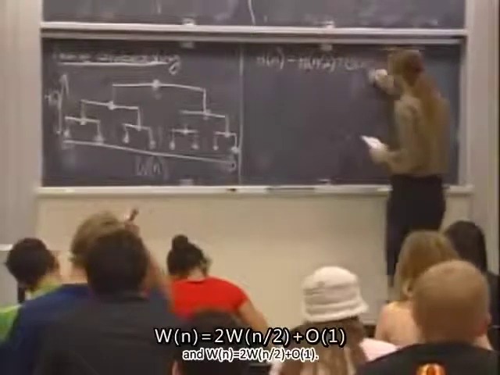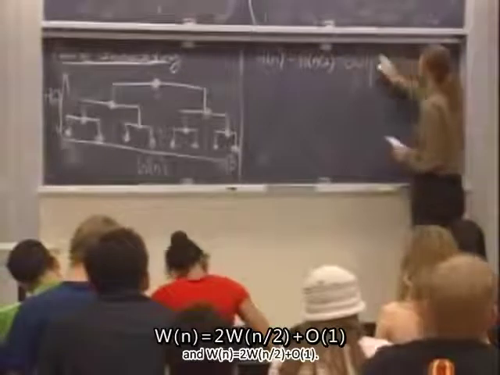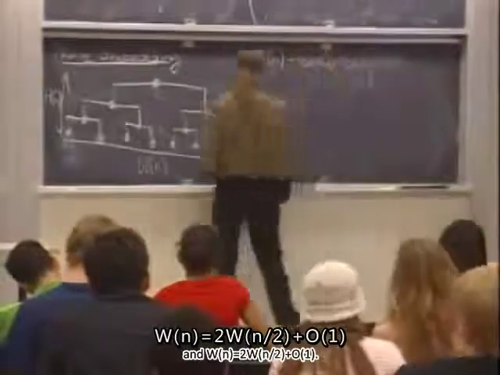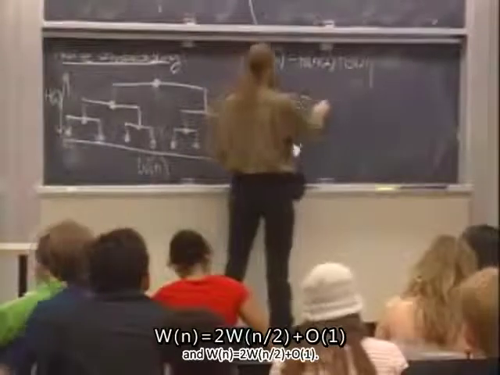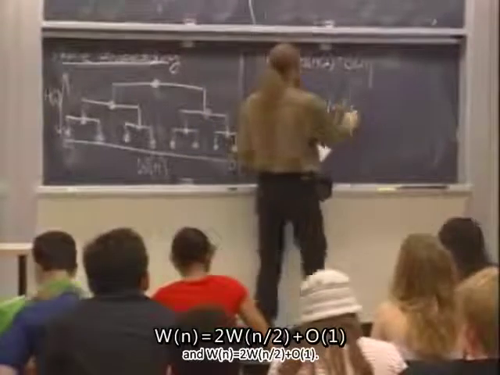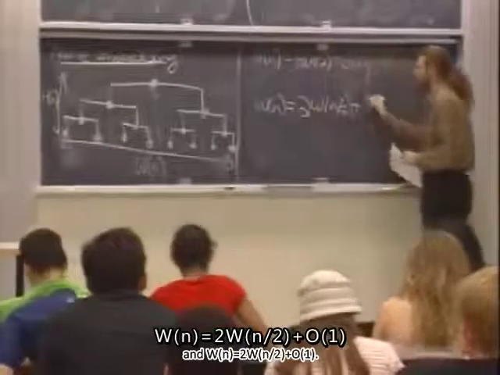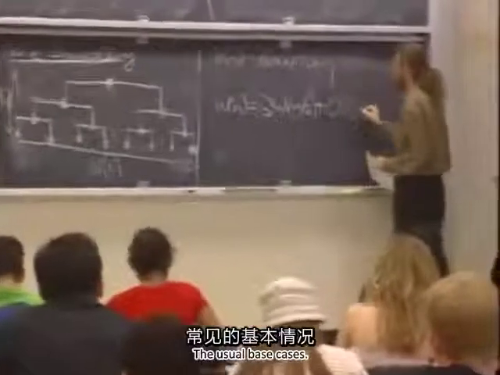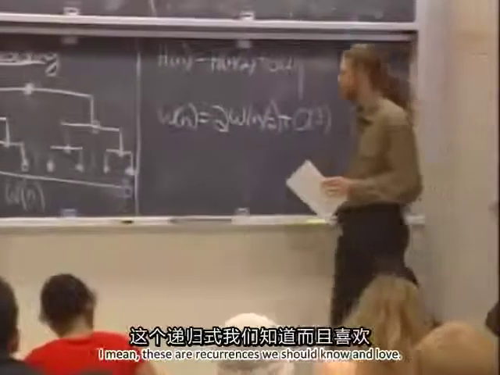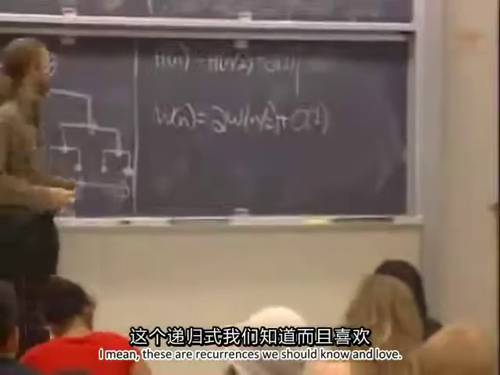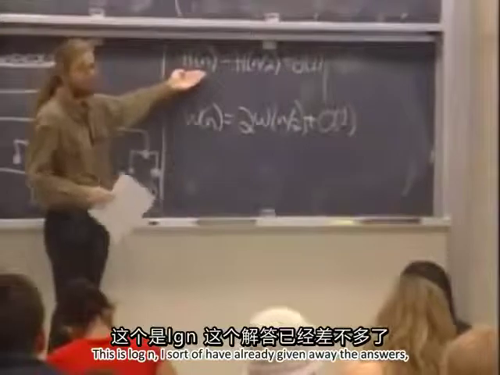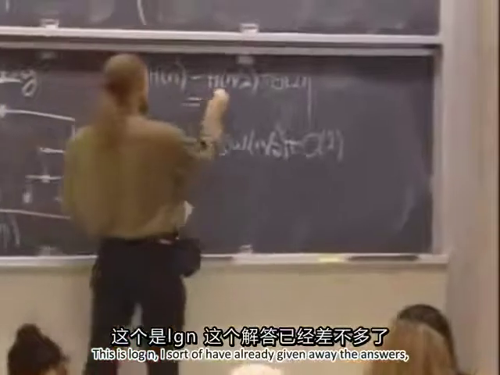And w of n, let me go down here, leave a space so we can solve that. W of n is 2 times w of n over 2 plus order 1. Okay, and the usual base cases. I mean, these are recurrences we should know and love. This is log n. I've sort of already given away the answers.